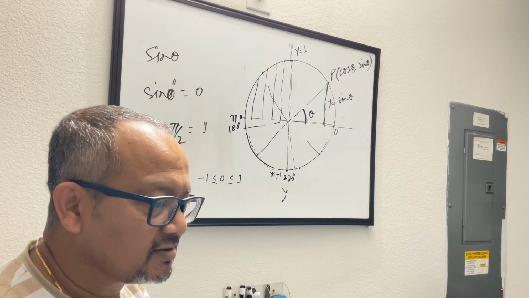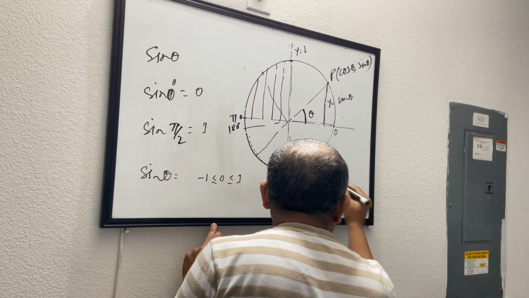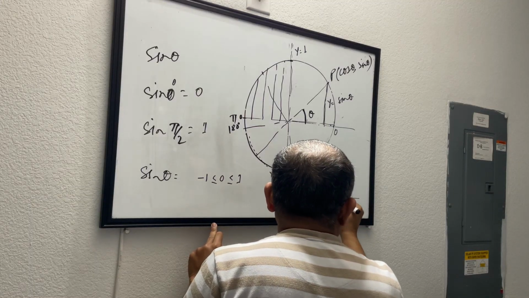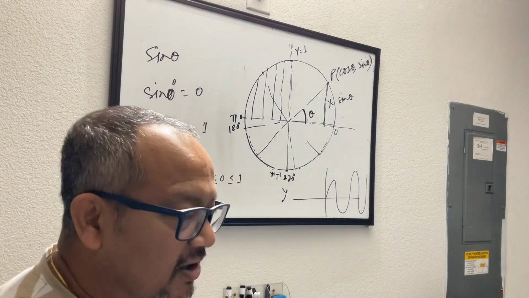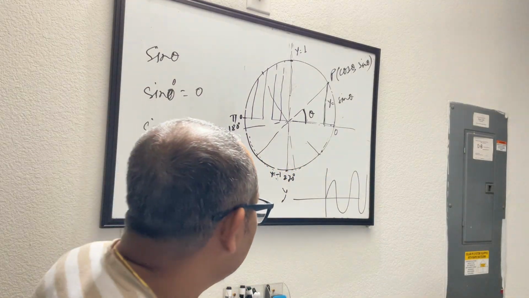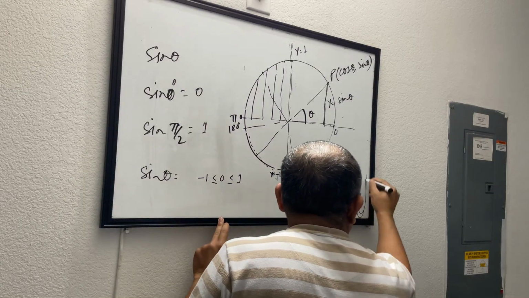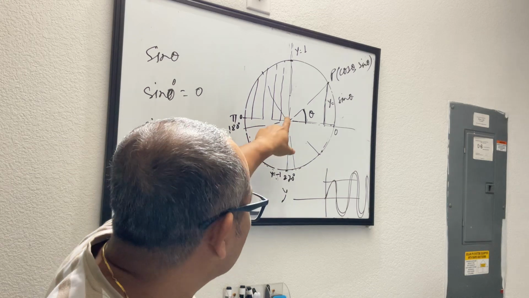Make sense? Yeah. And that is what you would have seen while plotting the sine curve. When you plot a sine curve on a coordinate plane, it oscillates between 1 and minus 1. Correct?